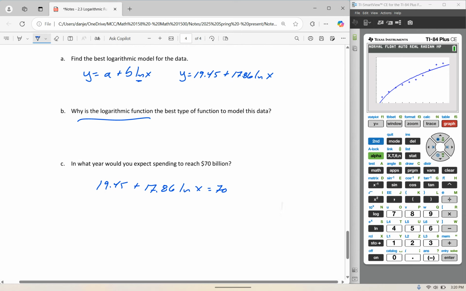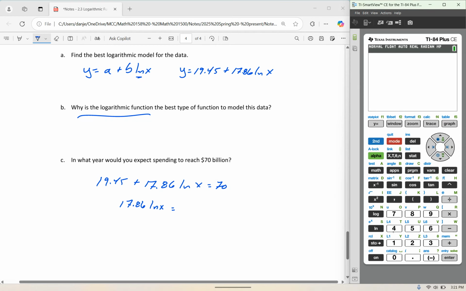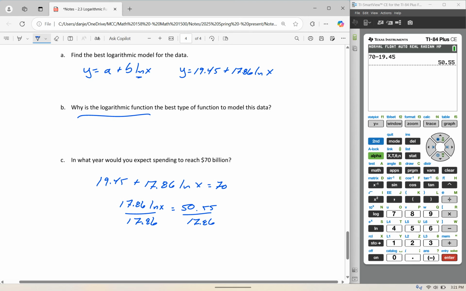So I'm going to subtract 70 minus the 19.45. So that's going to be 50.55. Now I'm going to divide by 17.86. So the natural log of x is 2.83.